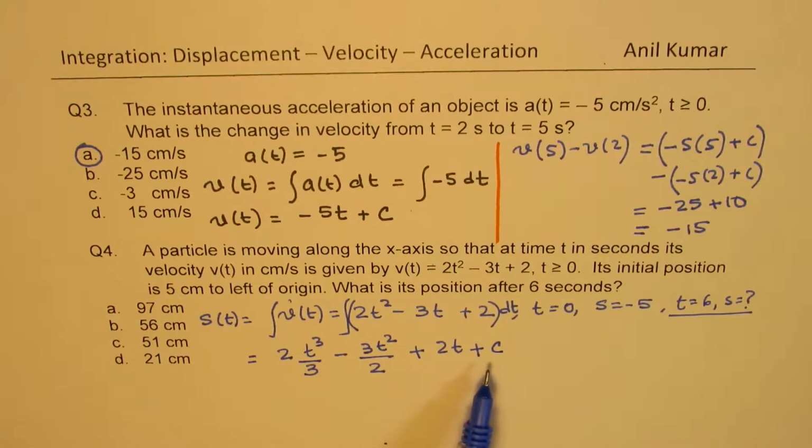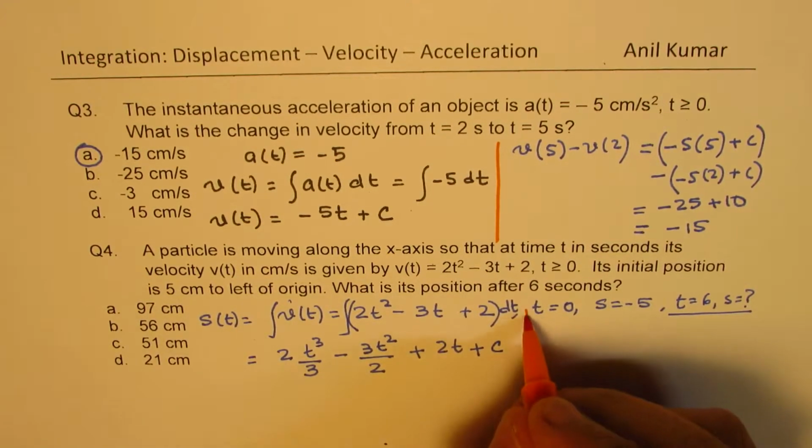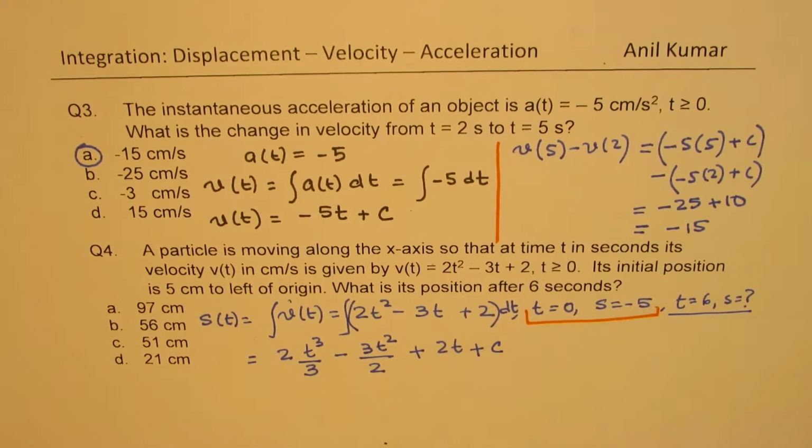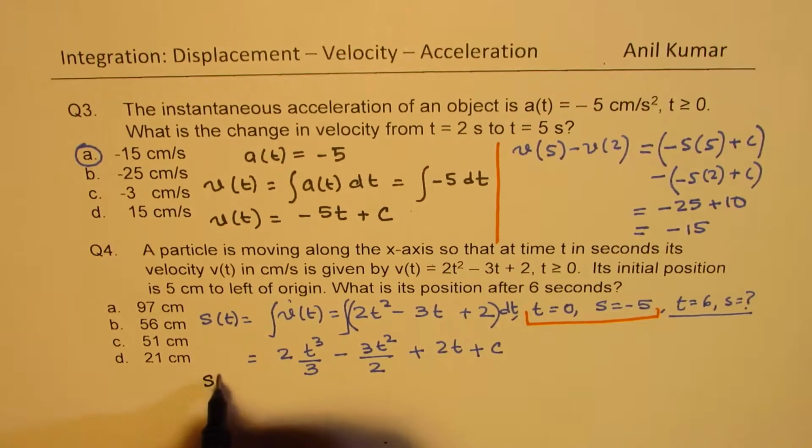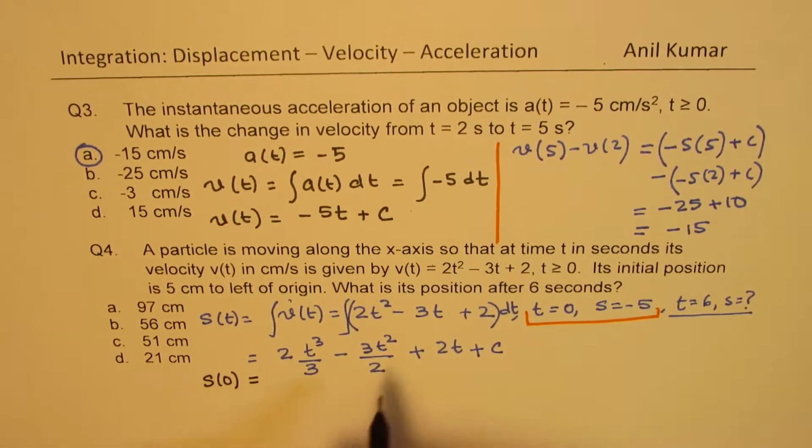Now to find the value of constant c, we can use what is given to us. At t equals 0, s is minus 5. So s of 0 is equal to minus 5, and the other terms are all 0, so minus 5 is the value of c.